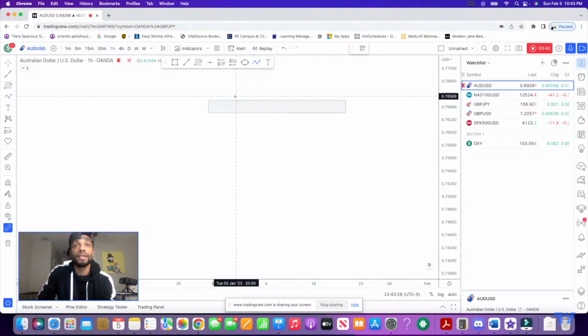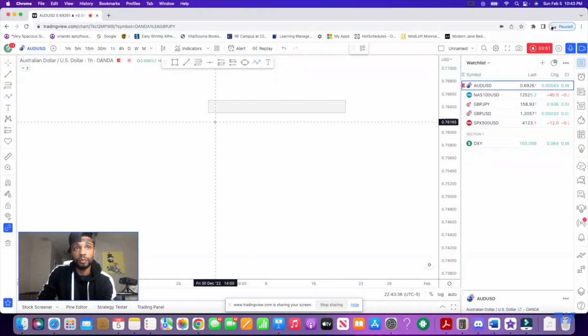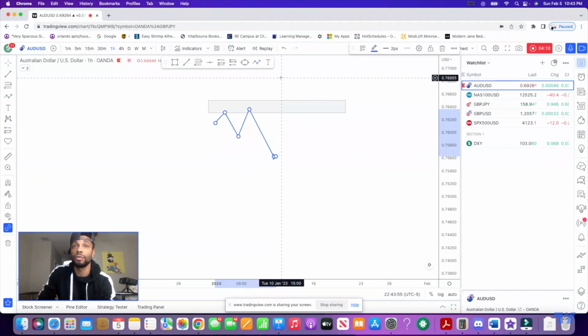So let's say you have your zone. This would technically be your floor or your ceiling. Price will go up to the zone and bounce off. It will try to go back up through the zone and bounce off, and it will either go back down or possibly push through, which we'll talk about in a minute.